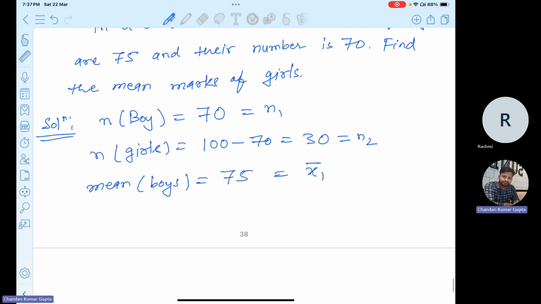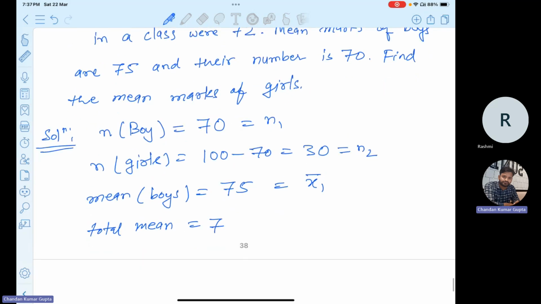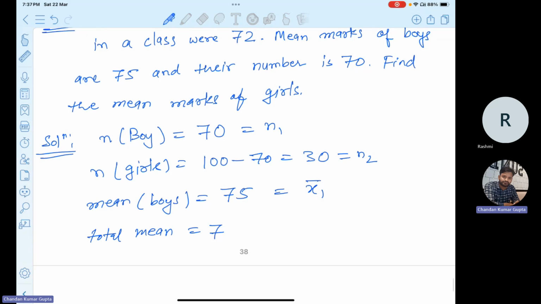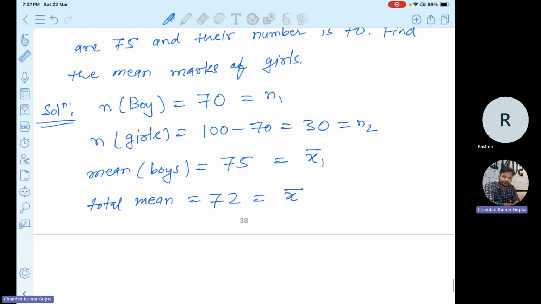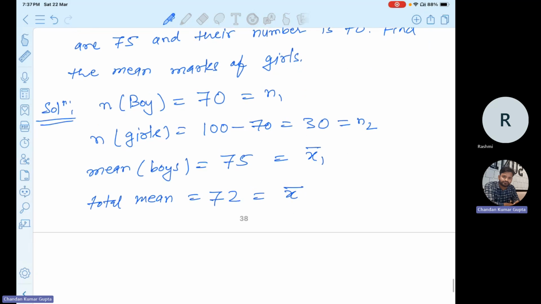Also, we are given the overall mean, which is 72. Let's write it X bar because it is overall. Now we need to find the mean marks of girls.